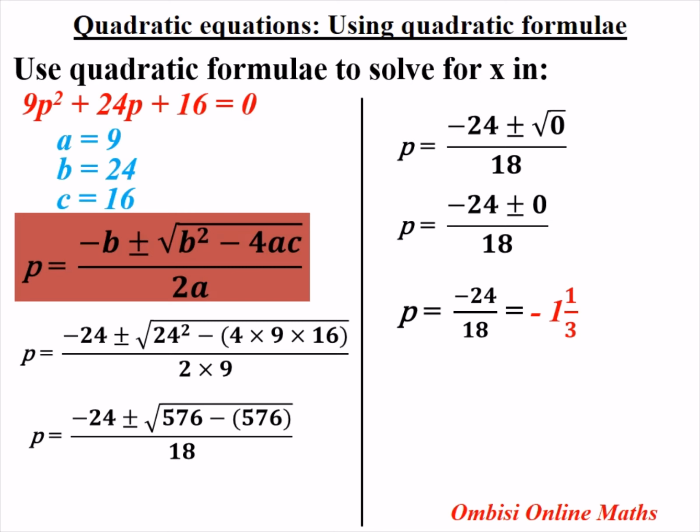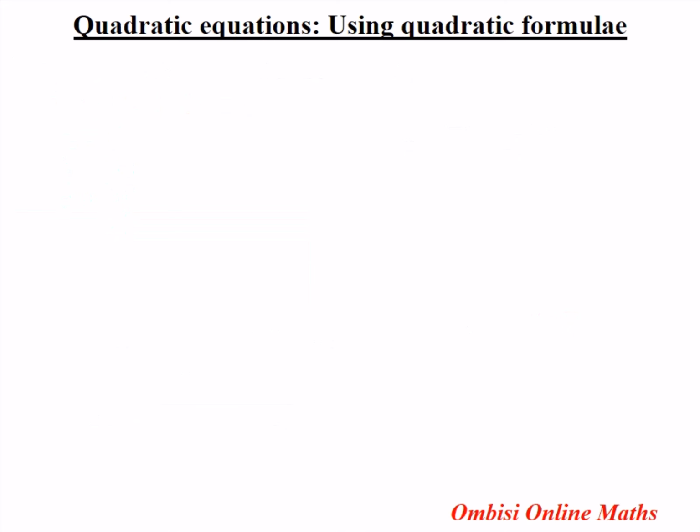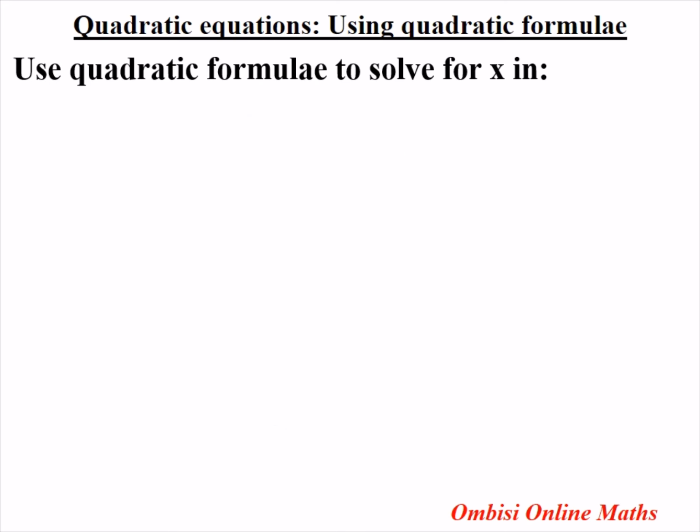Now we look at the next example of using the quadratic formula. It still requires us to use the quadratic formula to solve for x in 4x squared plus 12x minus 9 equals 0. So in this equation, we'll establish that the value of a is 4, the value of b is 12, and the value of c is negative 9.